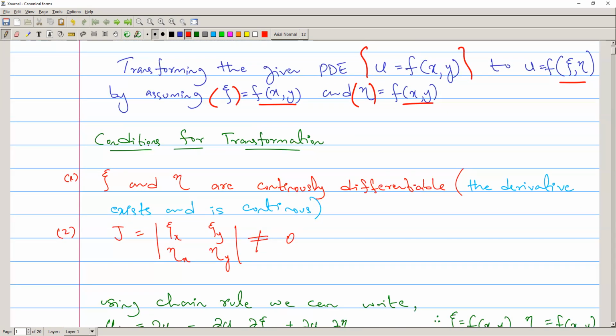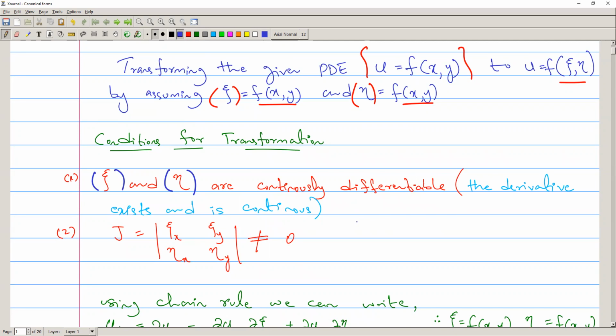So here we go. The conditions for transformation are, number one, the functions psi and eta are continuously differentiable. What does it mean? It means that the derivative exists and it's continuous, right? So when we keep on differentiating, we should get the derivative, and the derivative should also be continuous. And the second condition is the Jacobian should not be equal to 0.